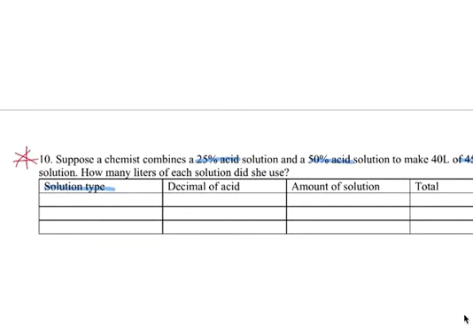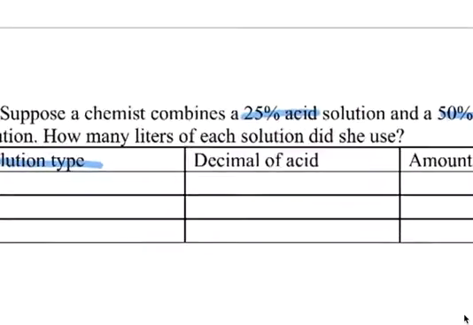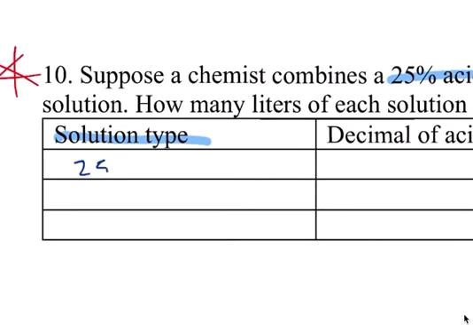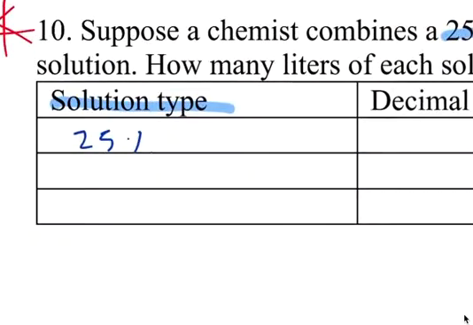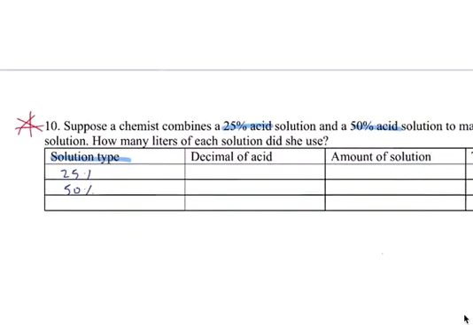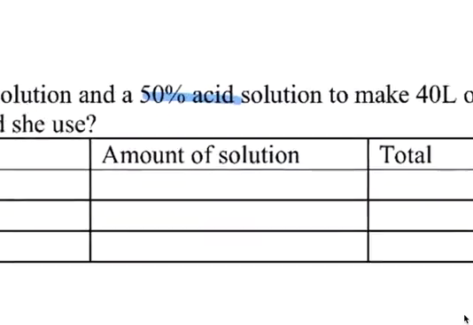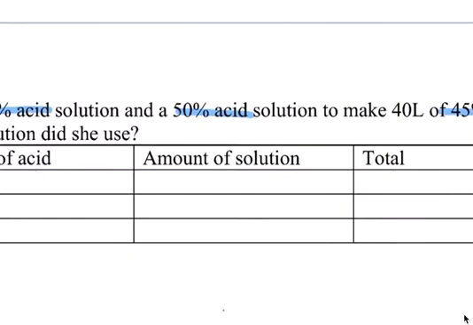The combined types are a 25% acid solution and a 50% acid solution, and to make 40%, so they're making this much right here. The amount of solution they made was 40 liters.